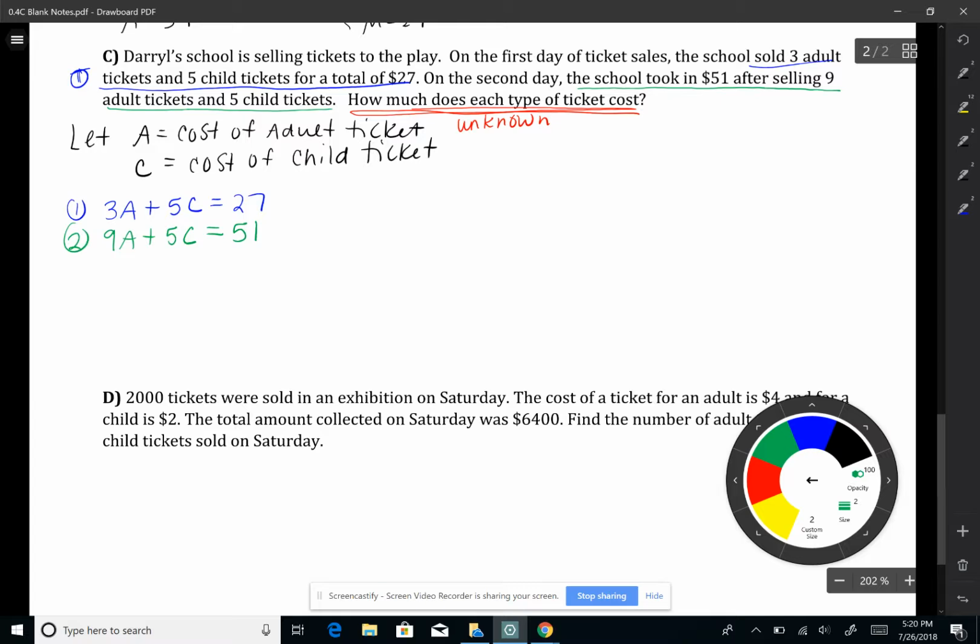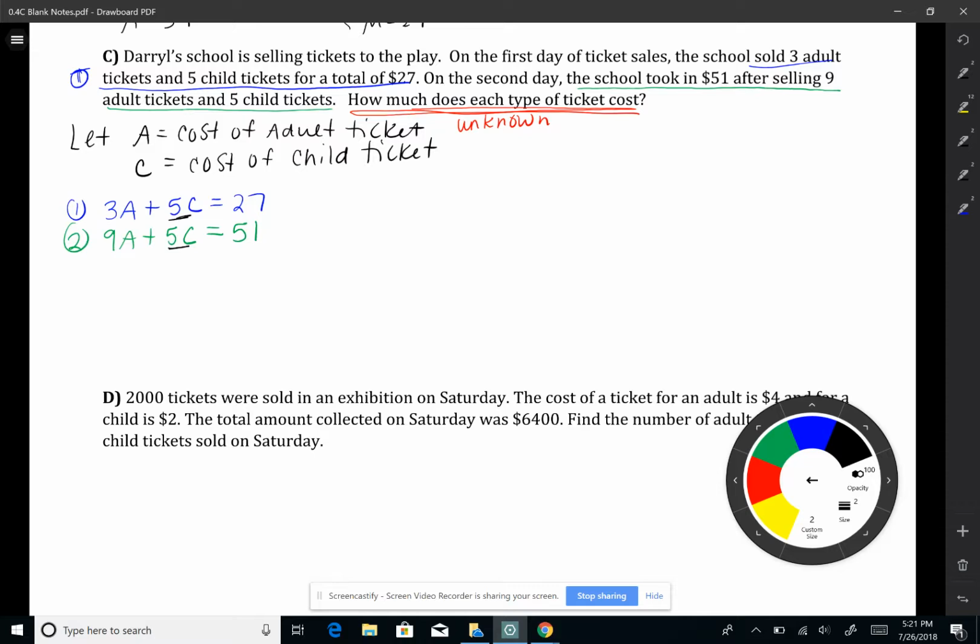All right, we have a system. Now this system is pretty nice because it's in standard form, both of them. My variables are stacked on top of one another. And something that's even better is that my C's both have a coefficient of 5. And remember, this looks like a perfect case for elimination.